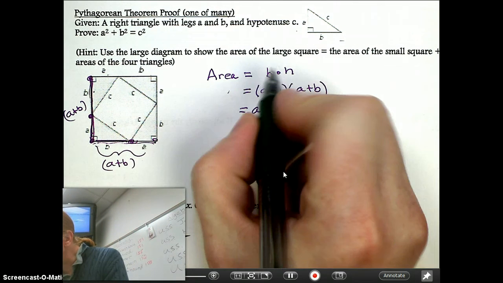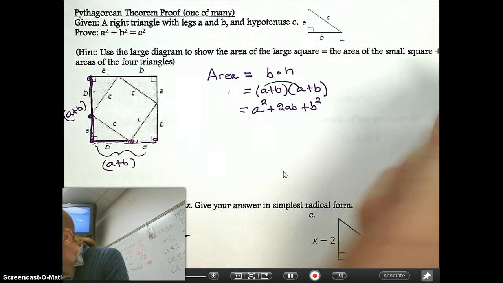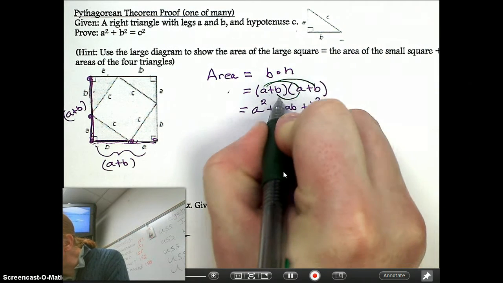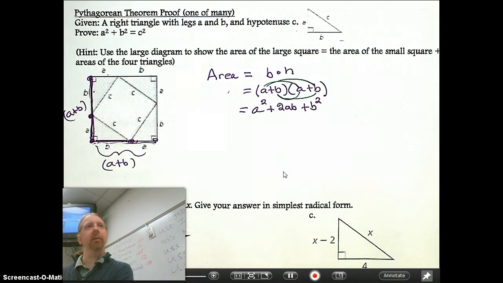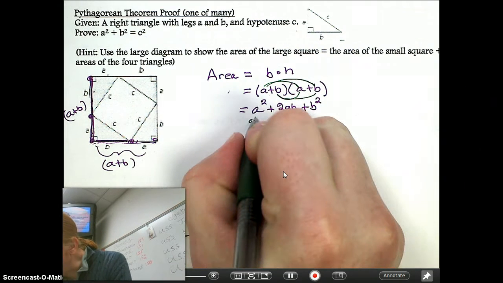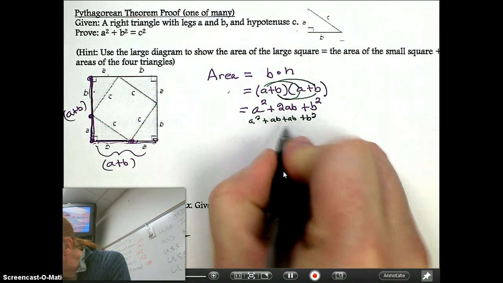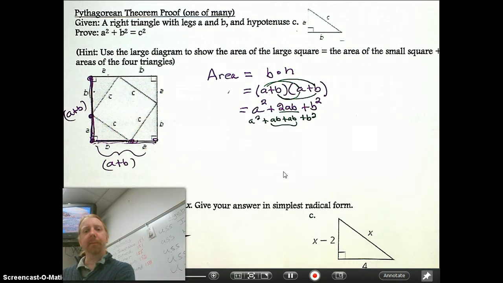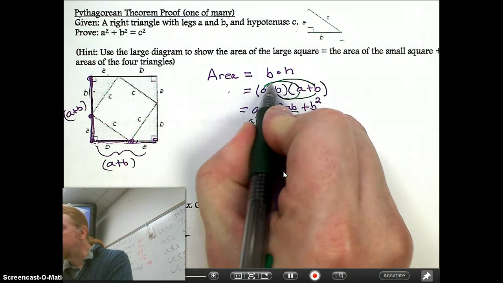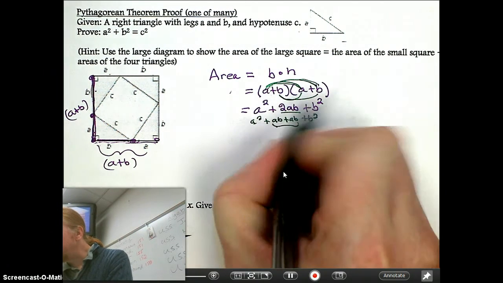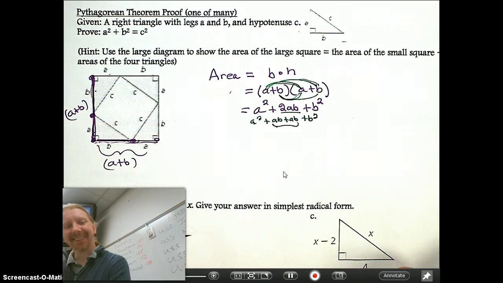So A times A plus A times B plus A times B plus B times B, I get A squared plus AB plus AB plus B squared, and these combine to 2AB. Because when I FOIL it out, A times A is A squared, A times B is AB. All right, there we go.